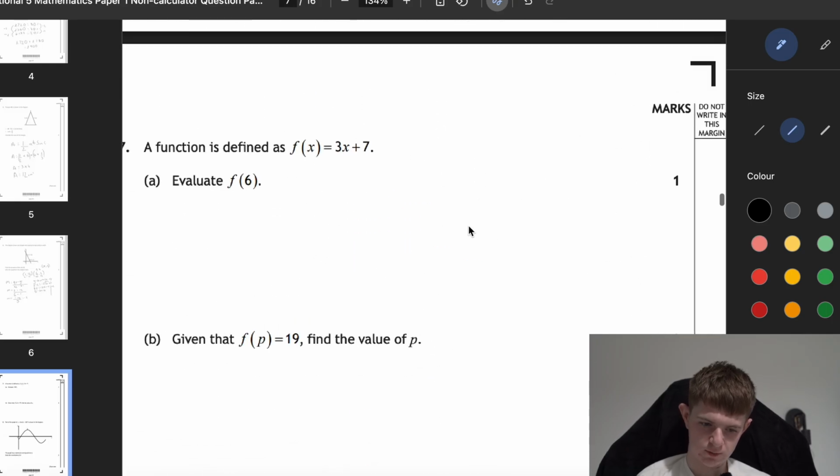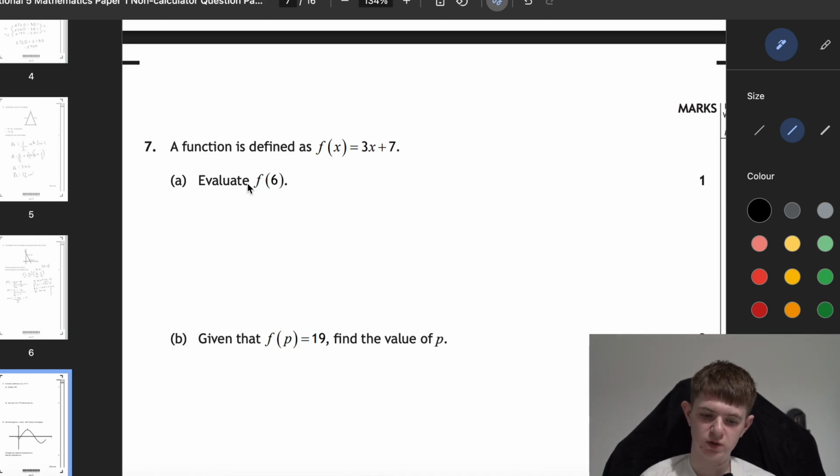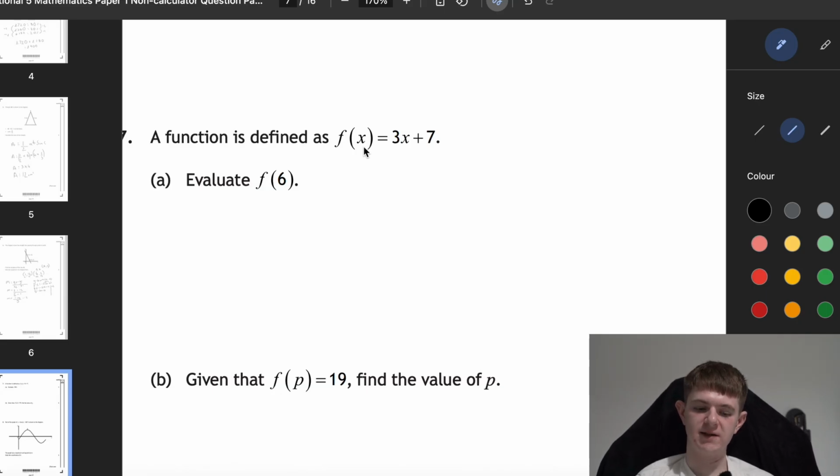Re functions question 7. So, if the x is changed. So see how this used to be f(x), but the x is changed to 6. That means every single x in the question we're going to change to 6, because the x changed to 6.